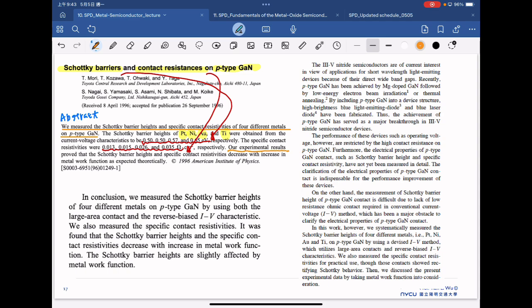The result proves that the Schottky barrier height and specific contact resistance decrease with increased metal work function, as expected theoretically. You can see this paper is published in Applied Physics Letters, which is one of the very well known and very good journals.